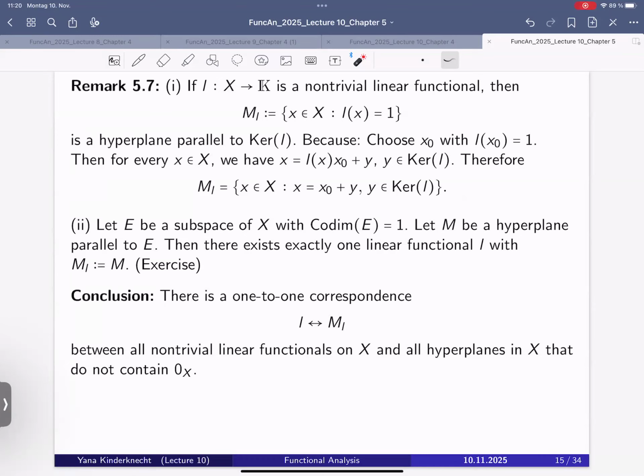So if a hyperplane contains 0, then it can serve as the kernel of some linear functional, as a level set of level 0. But then there is not a unique linear functional, but only up to a multiplicative constant. So if we want to have a one-to-one correspondence, we need to exclude such hyperplanes, and then it's uniquely determined. Thank you.